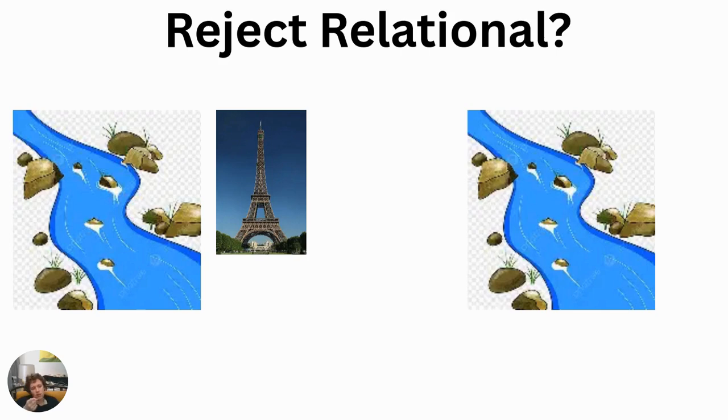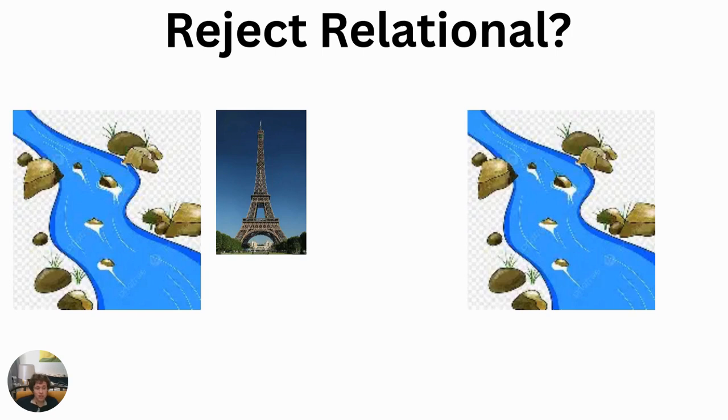And now consider one of those rivers is right next to Paris, and the other river is down in China. Are those rivers the same river? It seems quite obvious that these would not be the same river. But if we reject relational properties, we have to say that they are the same river.